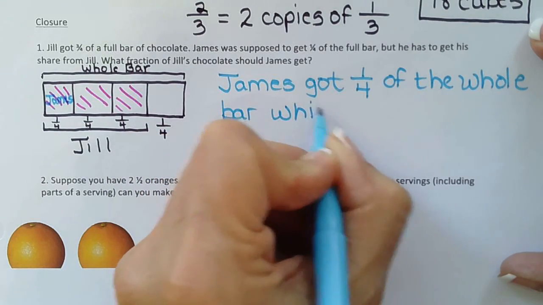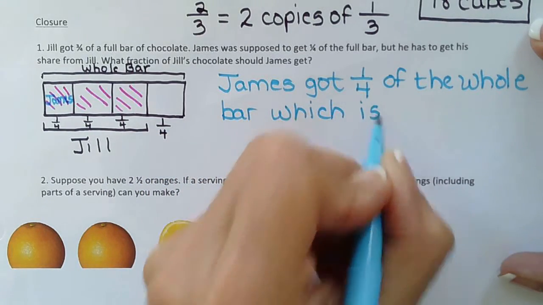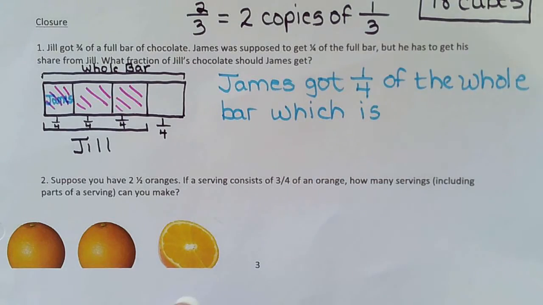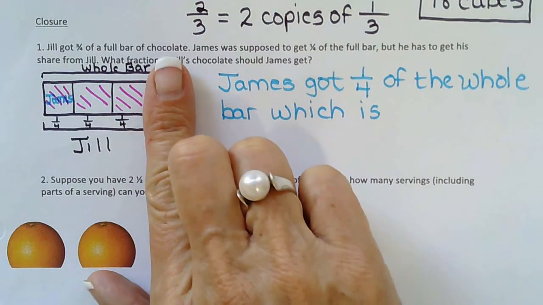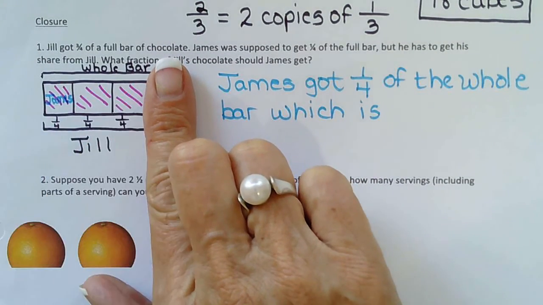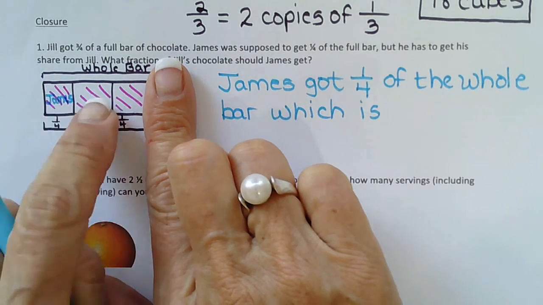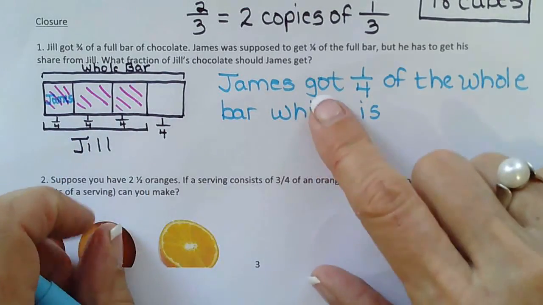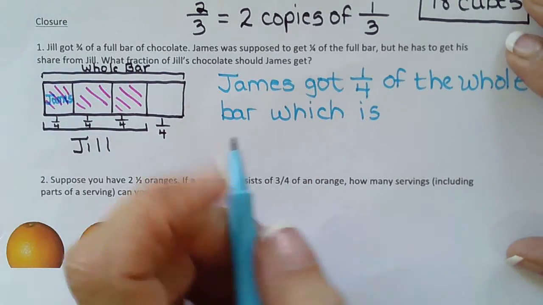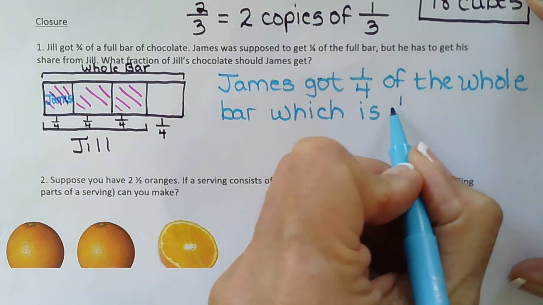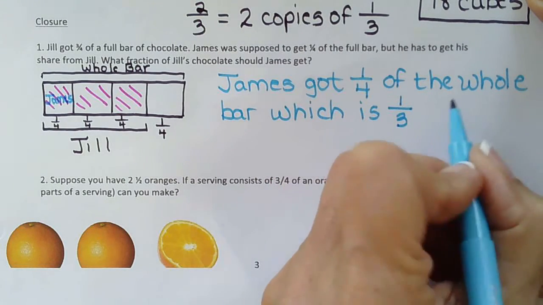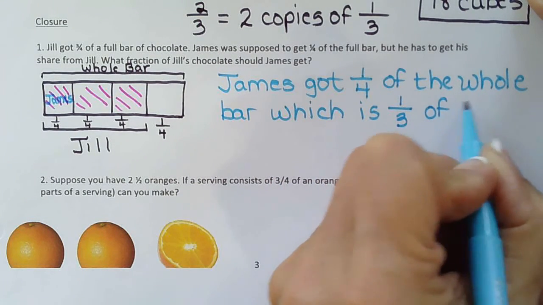Which is, what part of Jill's did he get? So here's Jill. Her candy bar consists of 3 pieces, so he got what part of Jill's bar? 1 out of 3. So he got 1/4 of the whole bar, but he got 1/3 of Jill's chocolate.